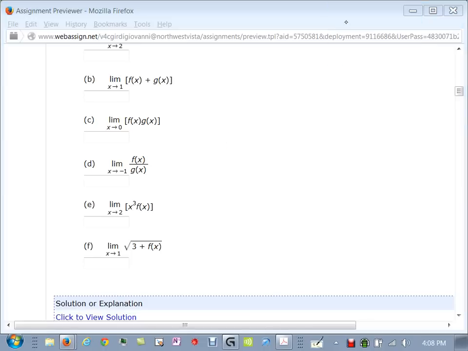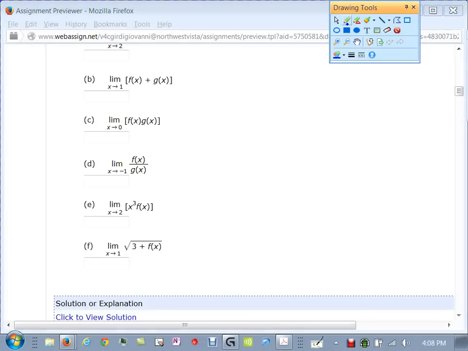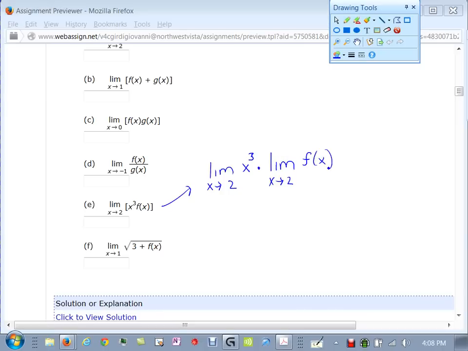what we would do here, as soon as I get my drawing tool back, is we would do limit x approaches 2 of x cubed times, because there's multiplication between them, limit x approaches 2 f of x. So here, we're not looking at the function in the graph up there. We're just letting x go to 2.